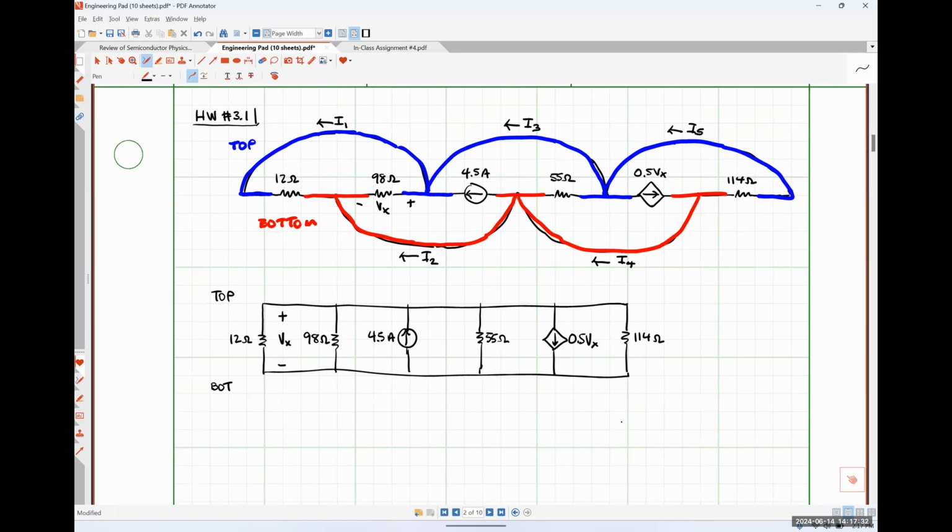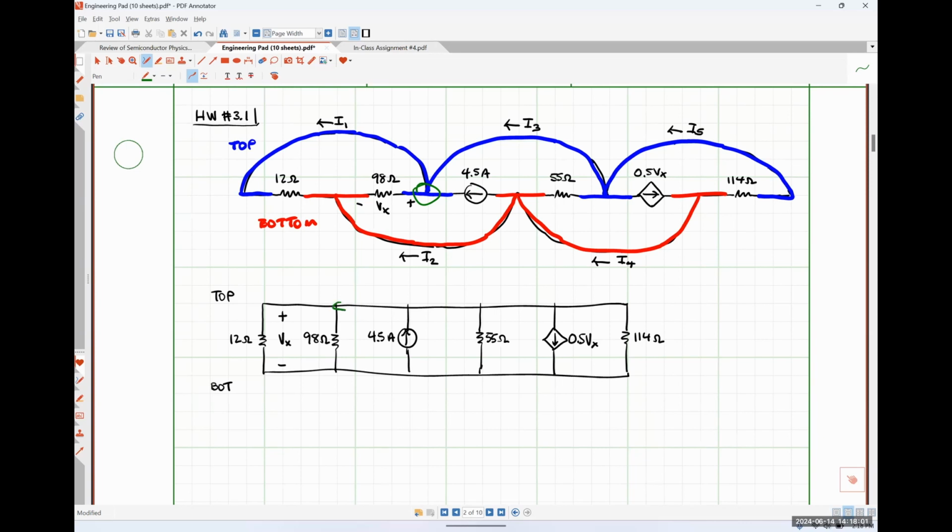Okay. So the current I1 is originating from this point where one of the terminals of the 98 ohm resistor is connected to the 4.5 amp current source, and it's connected to the node that the head of the arrow of the current source is connected to.